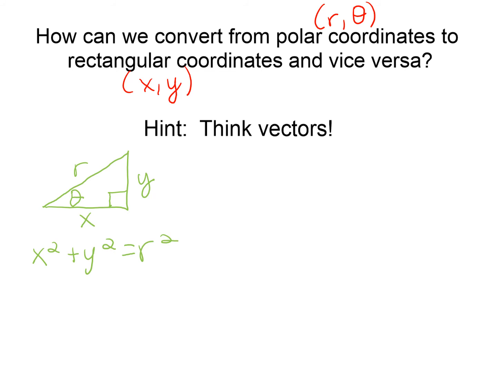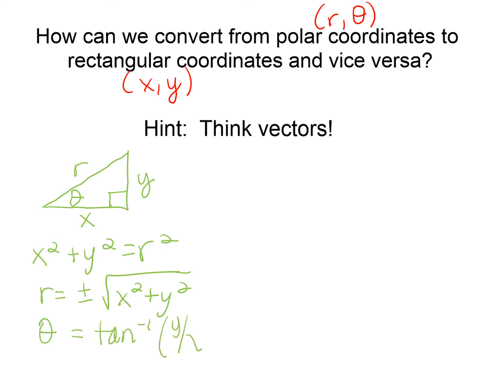And so to find r, we take the square root, and remember, we can get a positive or a negative r value, as we just looked at in the last example. And then to find theta, we use inverse tan of y over x, remembering though that we need to check your quadrant.